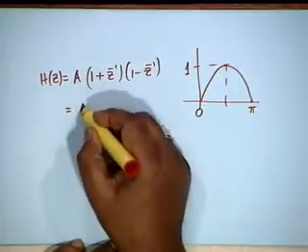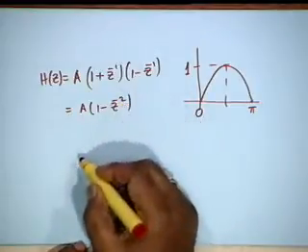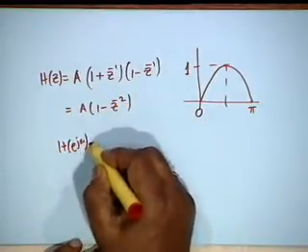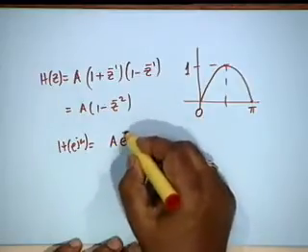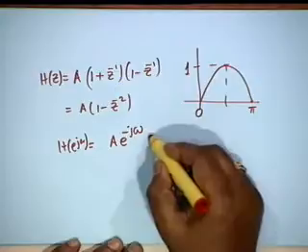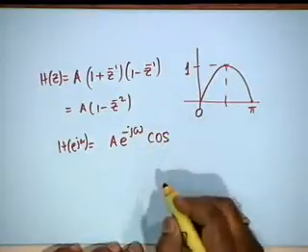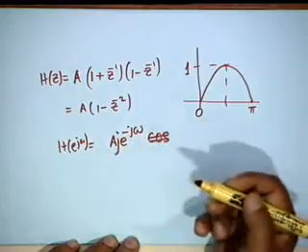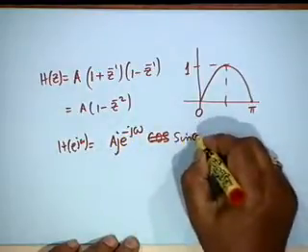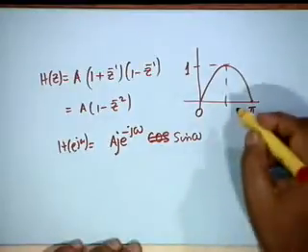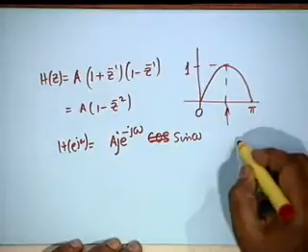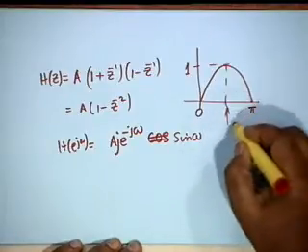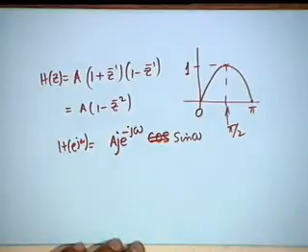For that we have to write this as 1 minus z to the minus 2, and therefore H of e to the j omega shall be equal to A e to the minus j omega multiplied by, sine, then I must multiply by j, sine of omega, and obviously this frequency shall be, sine omega is a maximum at pi by 2, so this shall be pi by 2. Agreed? It is a simple band pass filter.